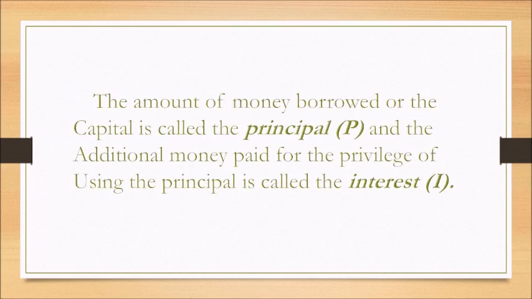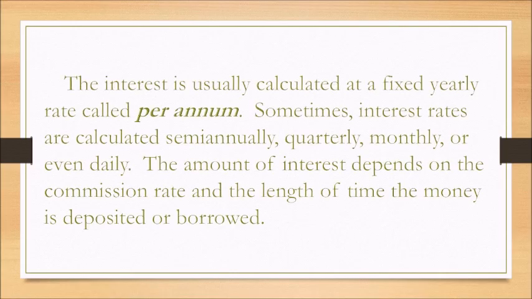The amount of money borrowed, or the capital, is called principal, symbolized by P, and the additional money paid for the privilege of using the principal is called interest, which is symbolized by I. The interest is usually calculated at a fixed yearly rate called per annum.